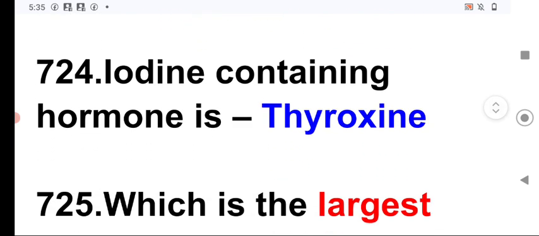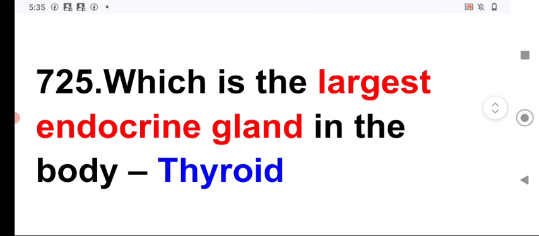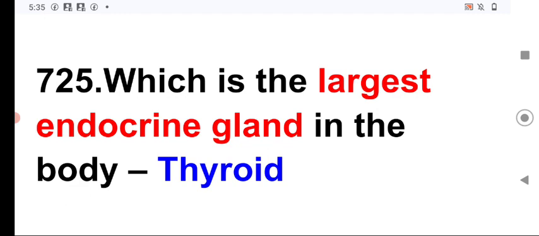Next question. Iodine containing hormone is thyroxine hormone secreted from the thyroid gland, the largest endocrine gland found in the neck region. Next question. Which is the largest endocrine gland in the body? It is the thyroid gland.